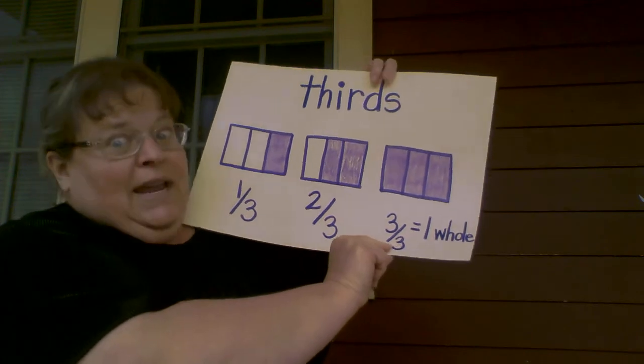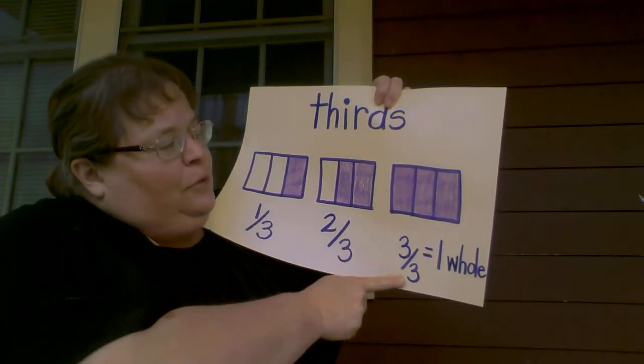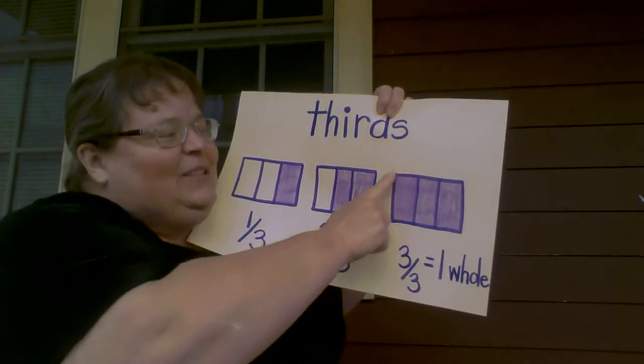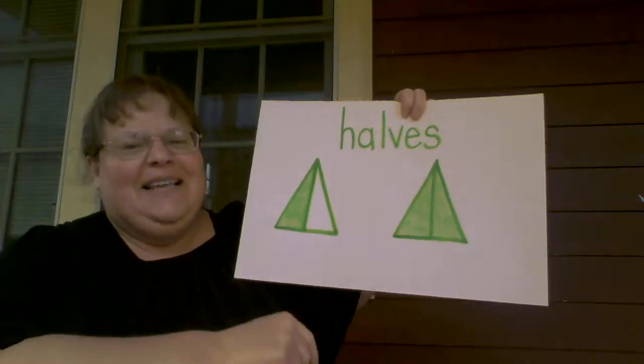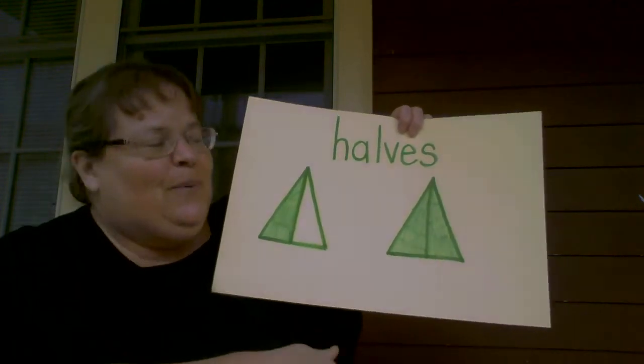This is 3/3. 1, 2, 3 out of 3 altogether are colored purple, and guess what? That is 1 whole. Same thing with the green triangles. This is 1 whole triangle because both halves were colored green.